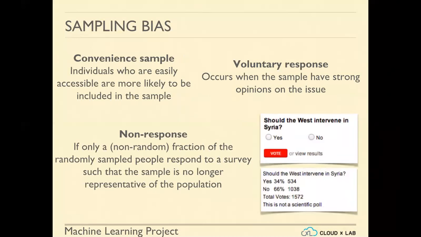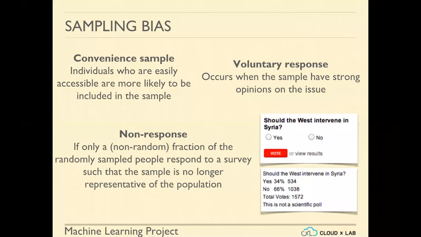Convenience sampling bias is a big problem. We end up just asking our parents or our brother or somebody who is conveniently available to get the feedback or get the inputs.